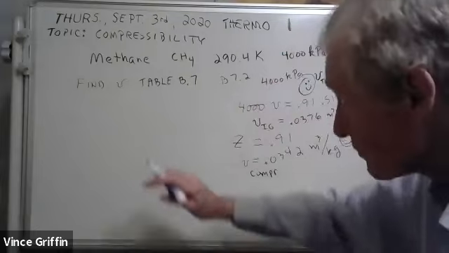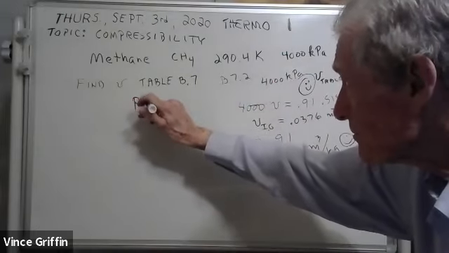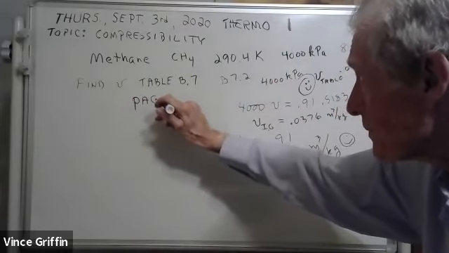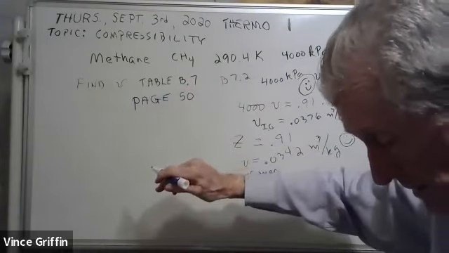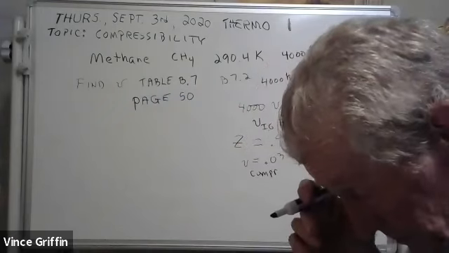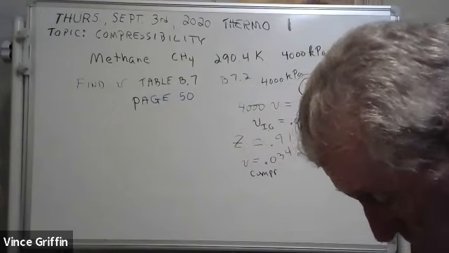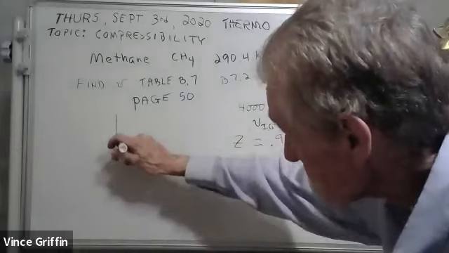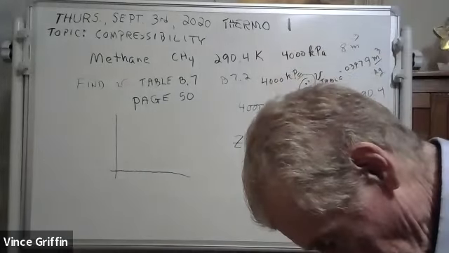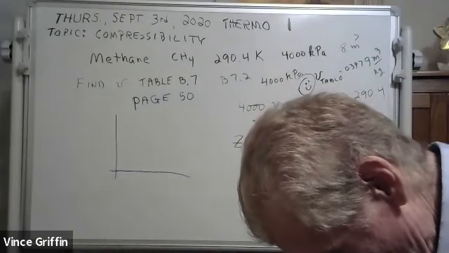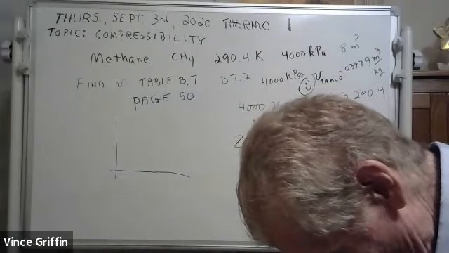I need some room here to show you this. In your book on page 50, they have a graph, and on this graph, you know what it is? It's a TV graph.